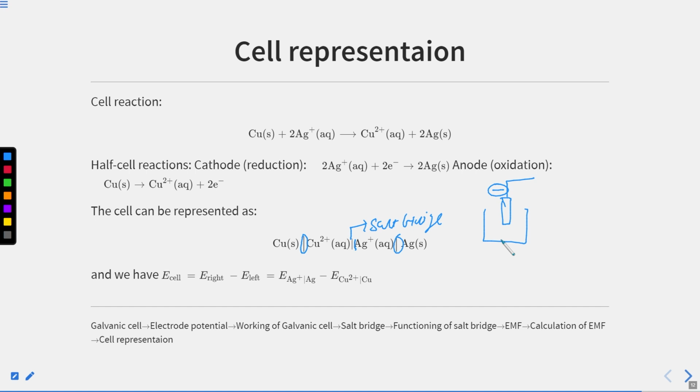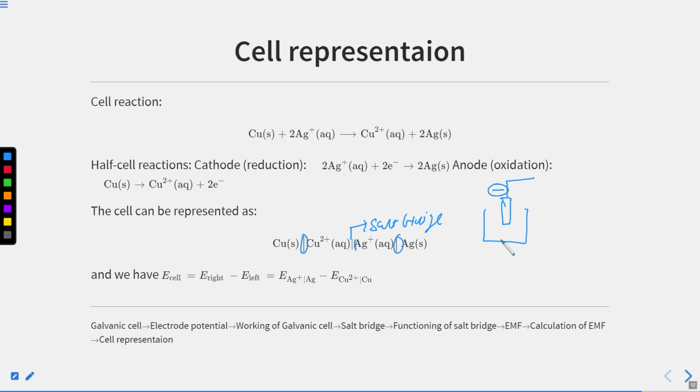And why is it a negative potential? Because it is losing electrons. Similarly, on the right hand side we have our cathode, which has a positive potential. Why? Because it has a tendency to gain electrons.